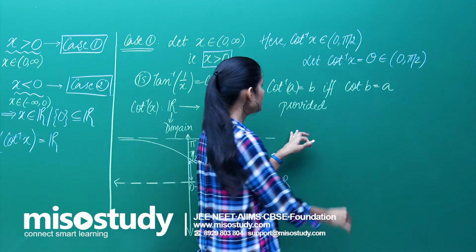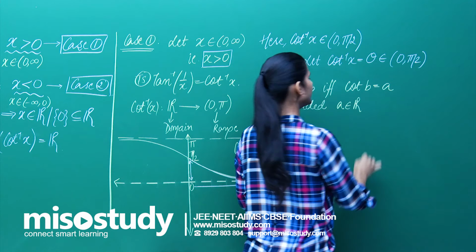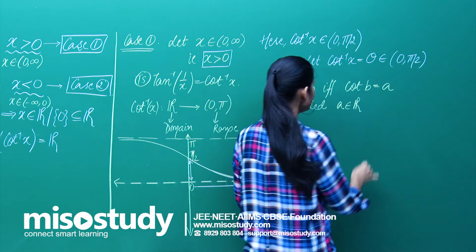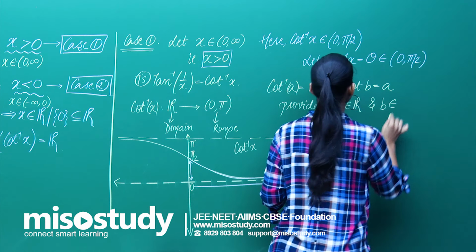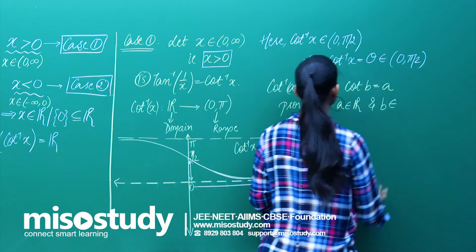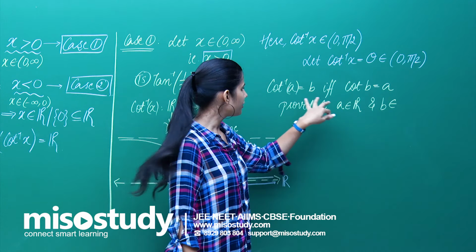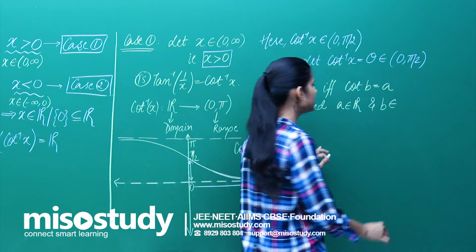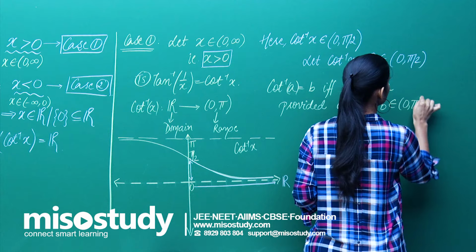Provided this A, which is the domain of cot inverse, or the output of cot, lies in the collection of all reals. And B, which is the output of cot inverse or the input of cot, is going to lie in the restricted domain of cot or the range of cot inverse, which is the open interval 0 comma pi.